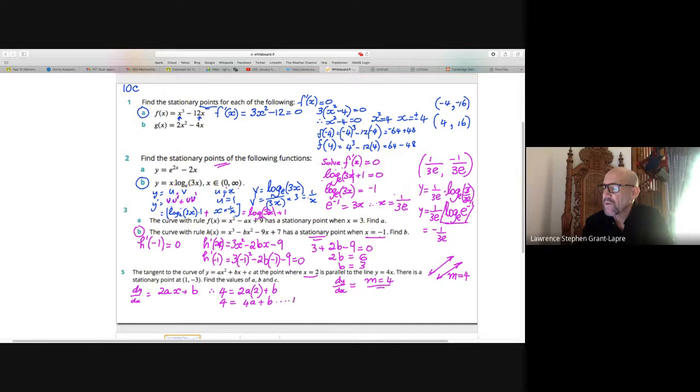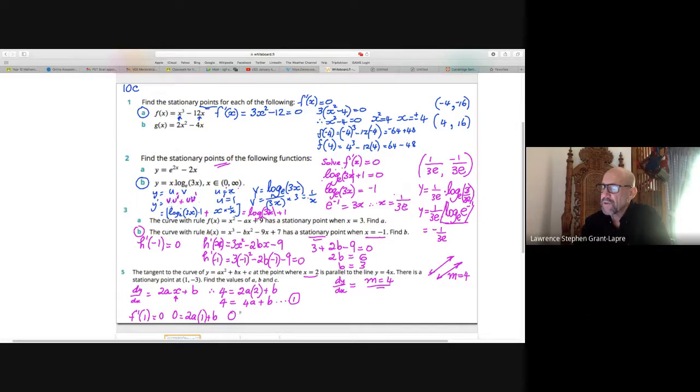Okay, there's one equation. What else are we told? There is a stationary point at 1, negative 3. So the derivative at 1 is equal to 0. So if you substitute 1 into the derivative here, you'll get 0. So 0 equals 2 times a times 1 plus b.